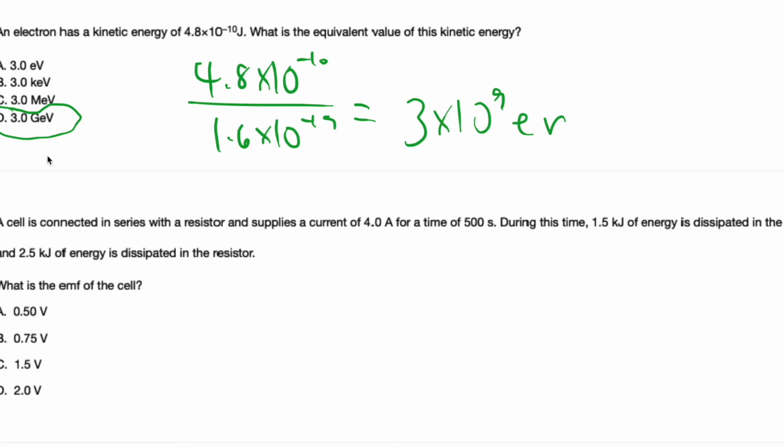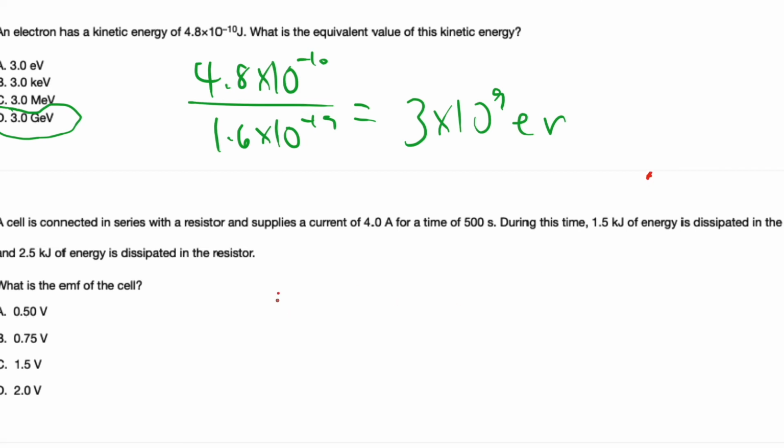A cell is connected in series with a resistor that supplies a current of 4 ampere for a time of 500 seconds. During this time, 1.5 kilojoule of energy is dissipated in the cell, and 2.5 kilojoule of energy is dissipated in the resistor. What is the EMF of the cell?